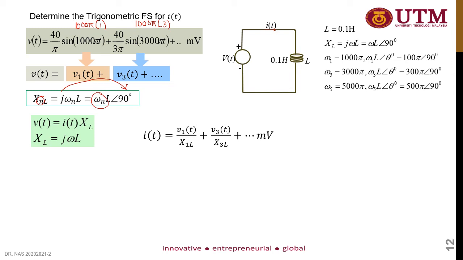Okay, so let's look at this calculation. When you have n equal to 1, your j omega 1 L is equal to omega 1 L, where omega 1 is 1000 pi, and your L is 0.1, and then j is equivalent to 90 degrees.